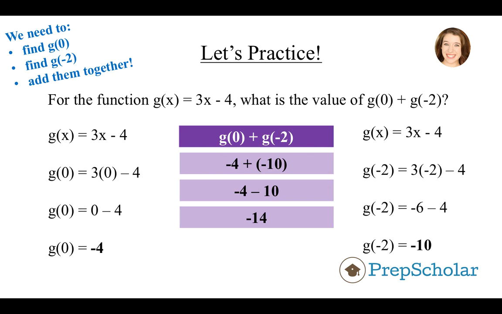So for this function, g of x equals 3x minus 4, the value of g of 0 plus g of negative 2 is negative 14. And we were able to work through this problem because we understand how functions are taken down. We know the way that they work, we know how to read their rules, and ultimately use our inputs to get to the right answer.